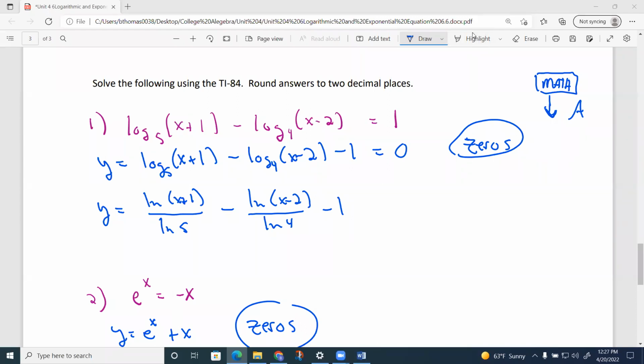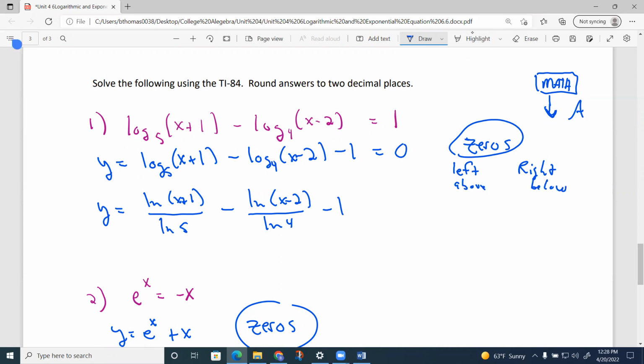So you remember, as we do the zeros here, the left bound has to be left of the point of intersection. The right bound has to be on the other side of that point of intersection. On this graph, the left bound should be above, the right bound is below.